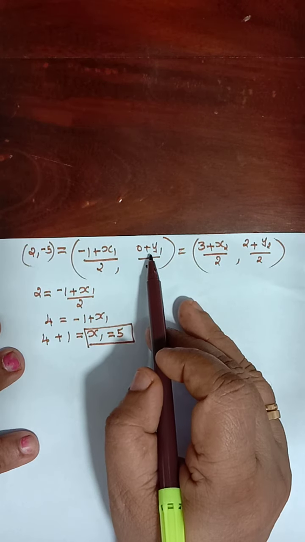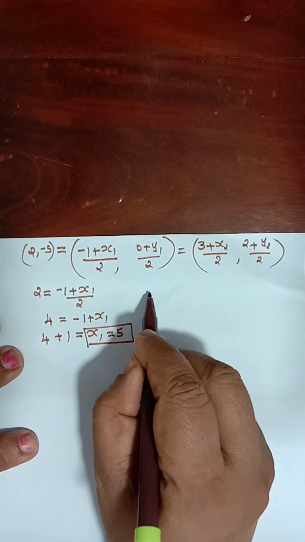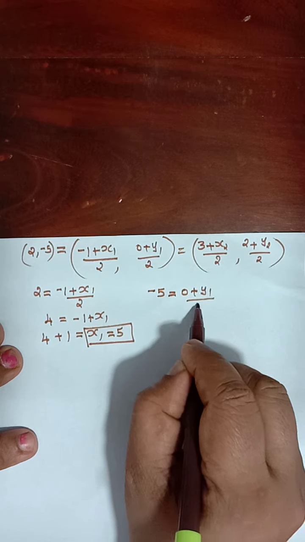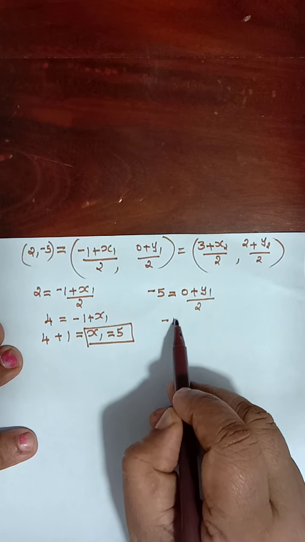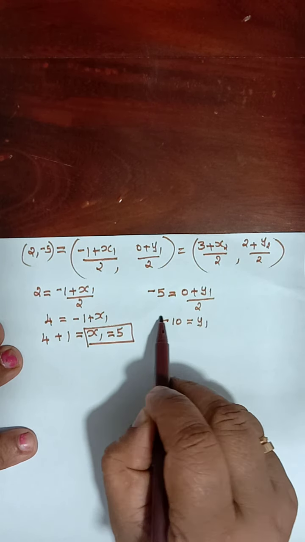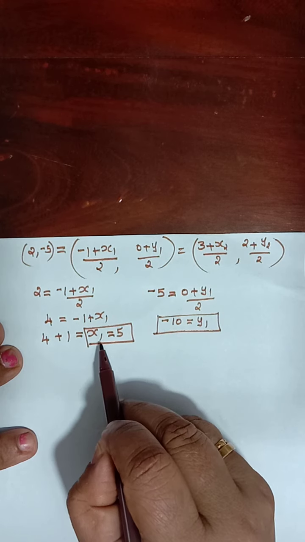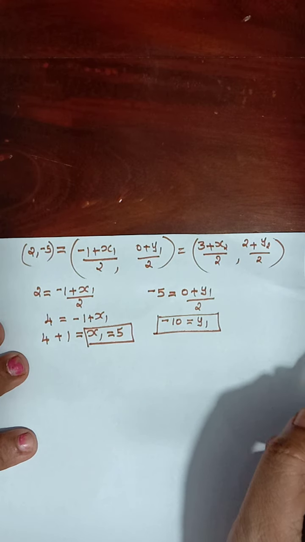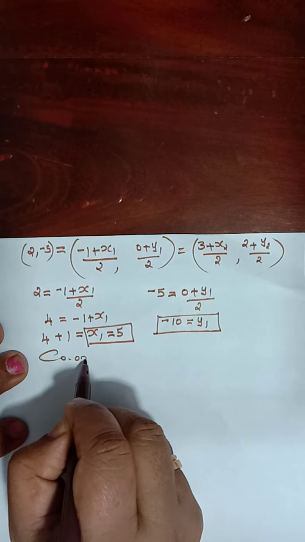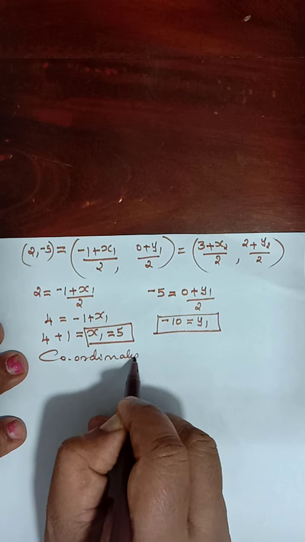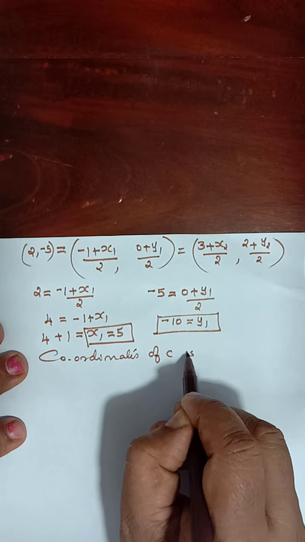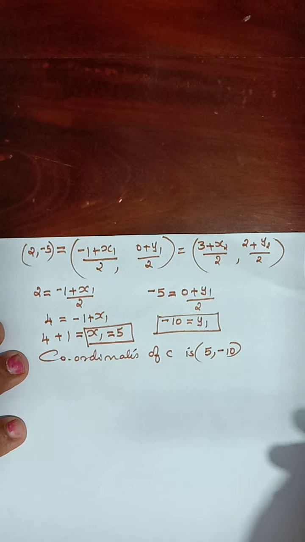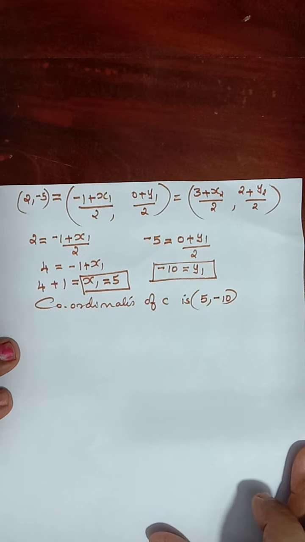Now let us compare the second coordinate with -5. -5 is equal to (0 + y1)/2. That is, -10 is equal to y1. So x1 we got, y1 we got, that is the coordinates of point C. So the coordinates of C are (5, -10).